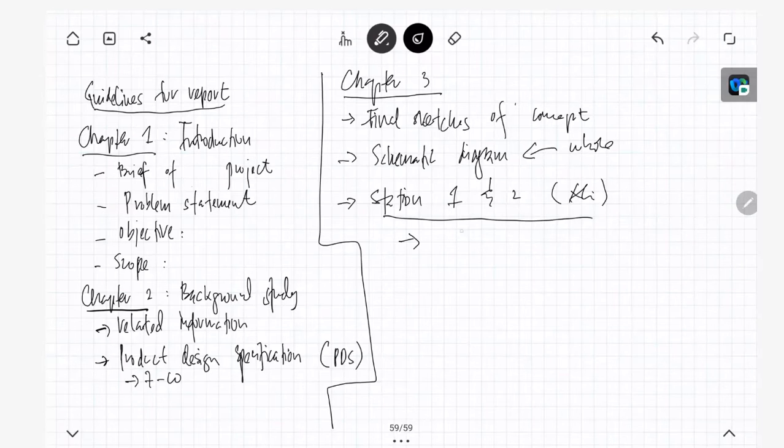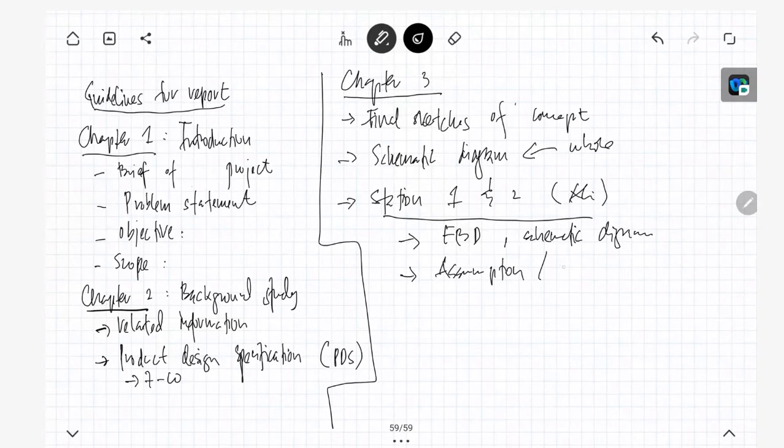a free body diagram and any schematic diagram with dimensions, any assumptions, or any given information.